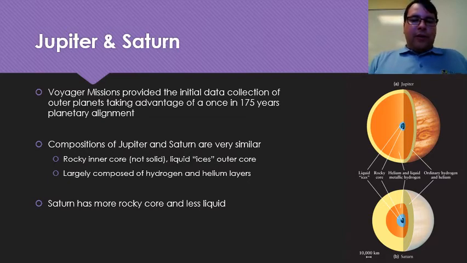Now, what we're seeing as a key difference between both Jupiter and Saturn is how much either of these two planets actually has in terms of the different elements that make it up, so hydrogen and helium. Saturn, from what we understand, has more rocky core but less fluid, so less of the liquid helium and liquid metallic hydrogen.